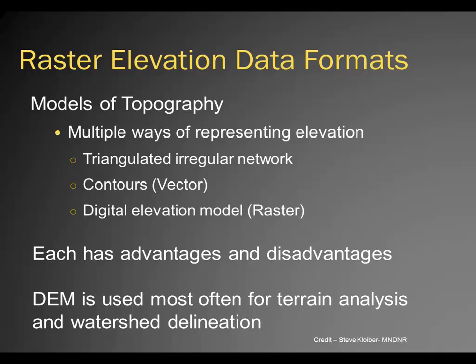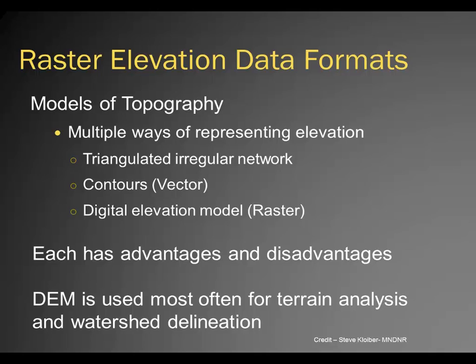Now, these models of the topographical features, the elevation in this case, have several different structures. The one we care the most about is the DEM. But you want to remember that a lot of the early data was stored as contours, which are vectors, and that the contour is still an easy way for people to visualize the change in elevation in a landscape.